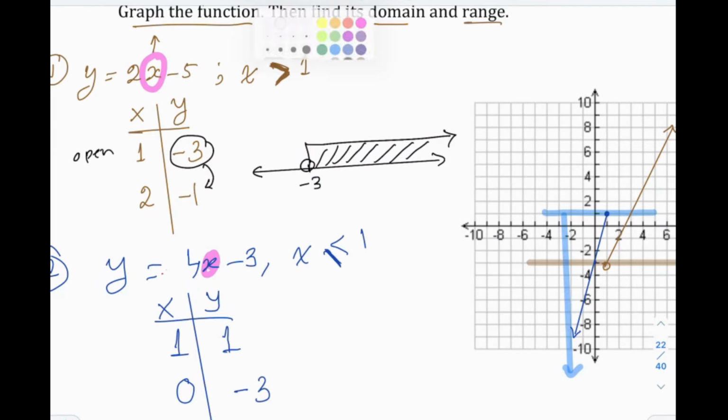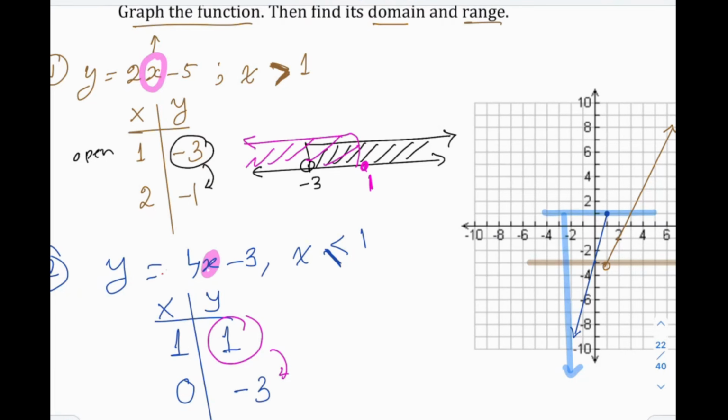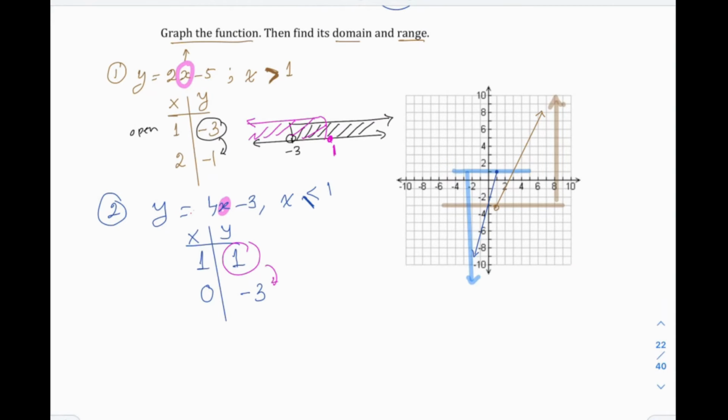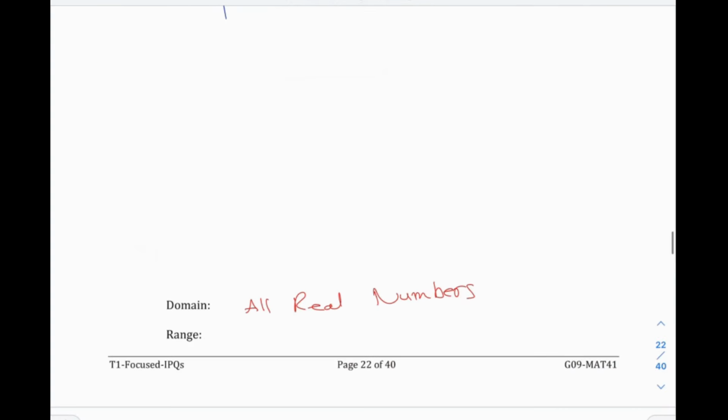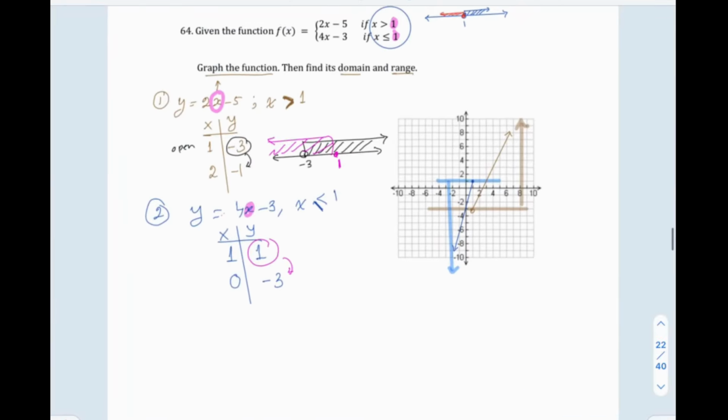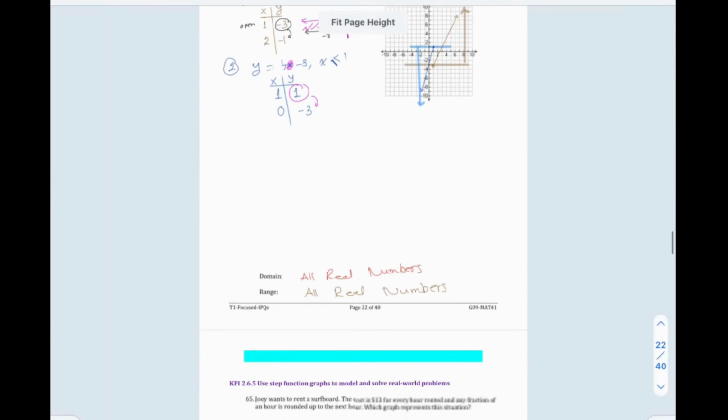The second table starts from 1, and it was a closed circle. After that, it becomes -3, which means it went in this direction. As you see, the shaded region covers all the number line, and that proves what we said previously, that the range is all real numbers. It's not always the case, but in our graph, it includes all real numbers.